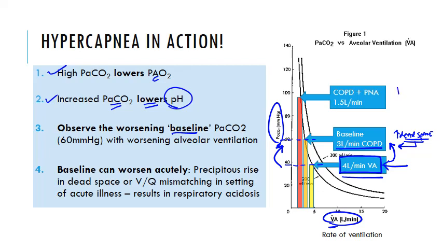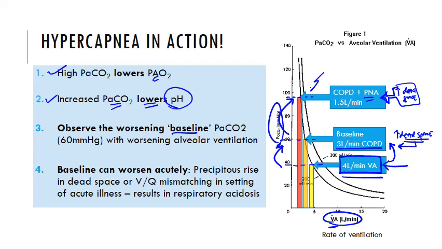Now what we'll do is we are going to acutely increase the amount of dead space even more, by giving the patient pneumonia. And now we have reduced that real estate one more time, and how this impacts the PaCO2 on this curve is making it near, we'll say, 95 millimeters of mercury.